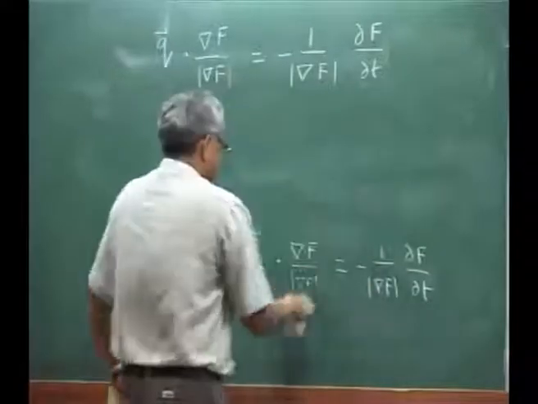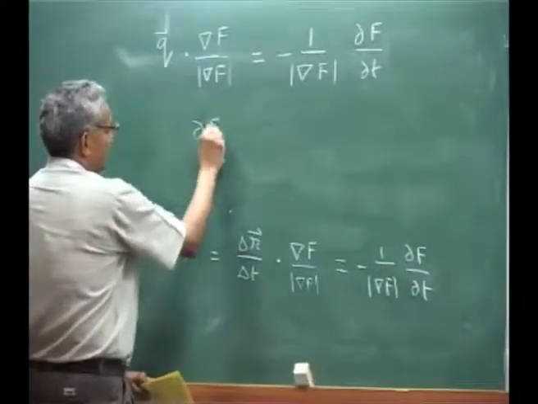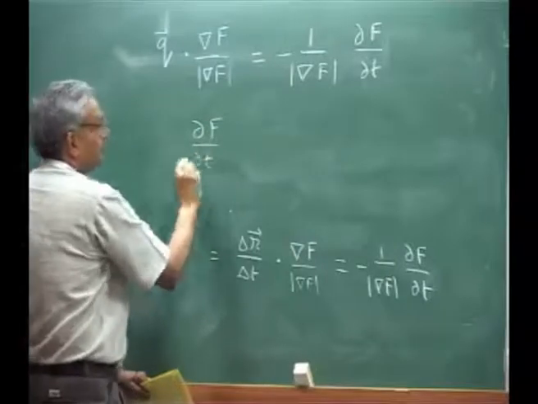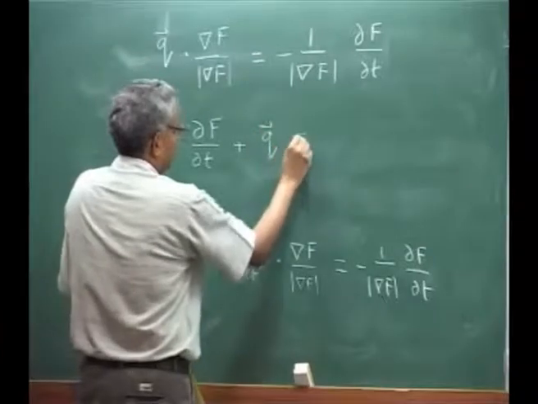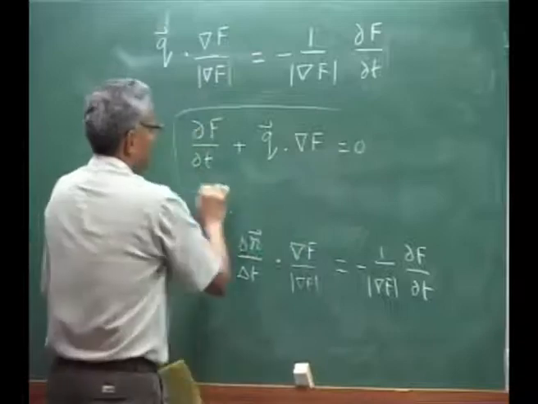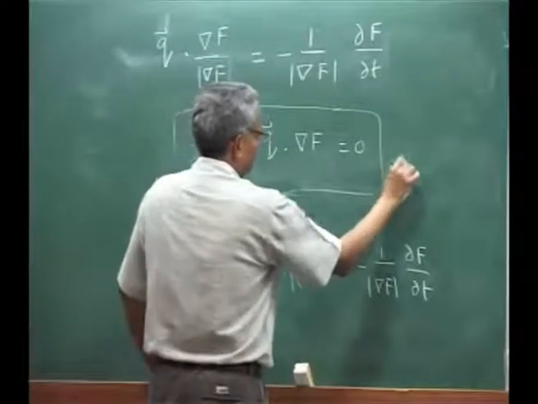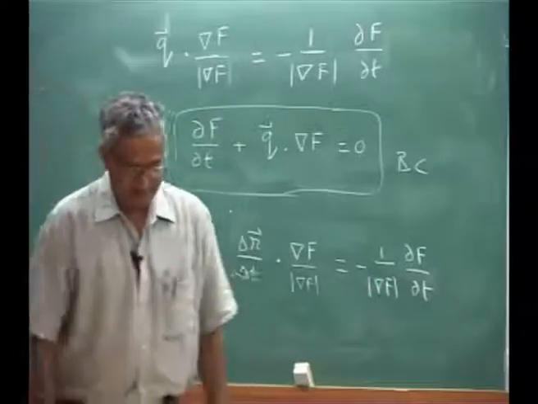Please understand. The boundary condition is delta F plus Q dot del F equals 0.